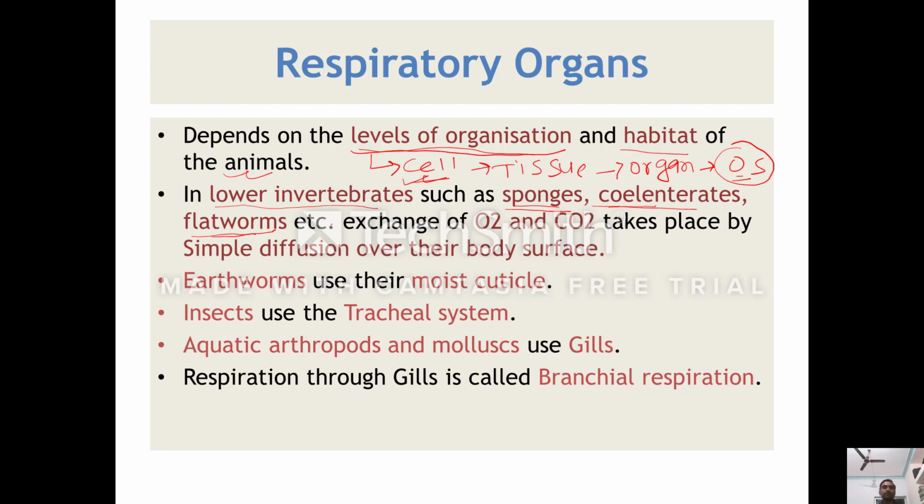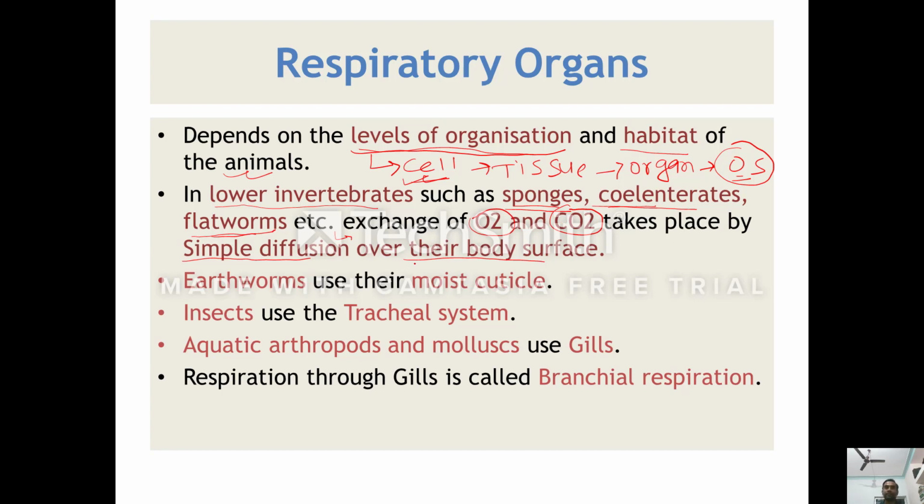So they do not have specific organs to respire. Respiration or breathing takes place simply through simple diffusion over their body surface, and in this simple diffusion there is exchange of oxygen and carbon dioxide.